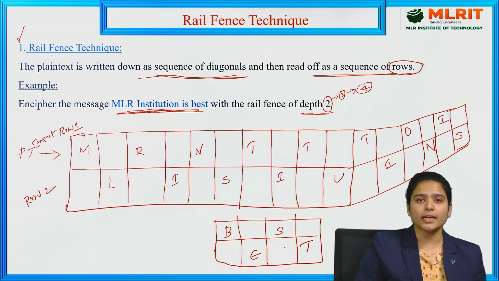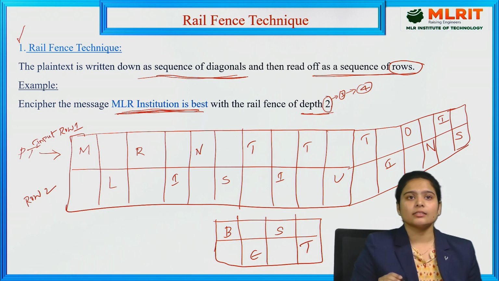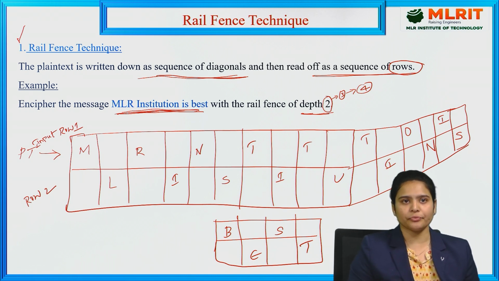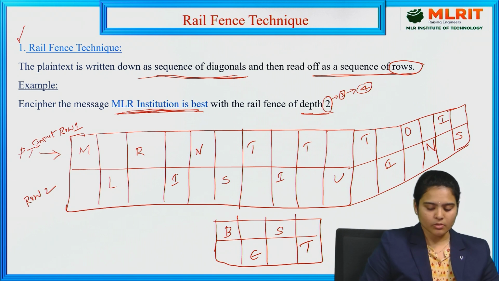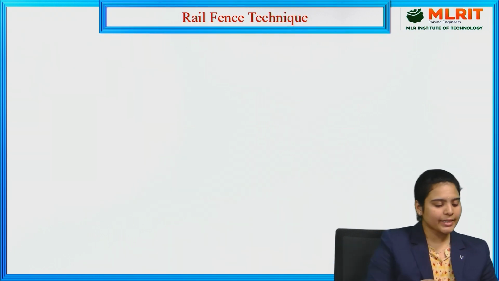While writing the ciphertext output, we need to write row 1 and then row 2. What do we get here?